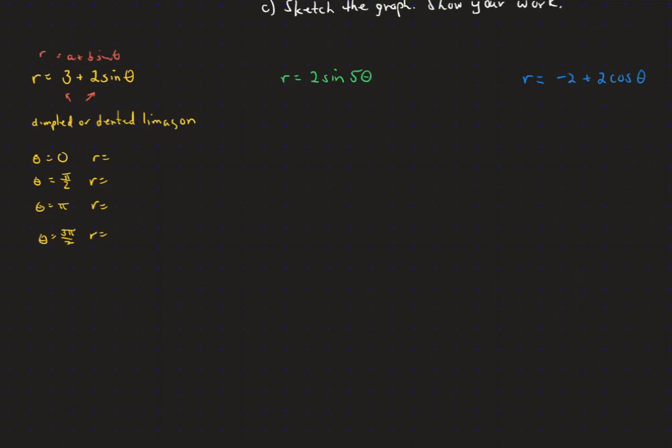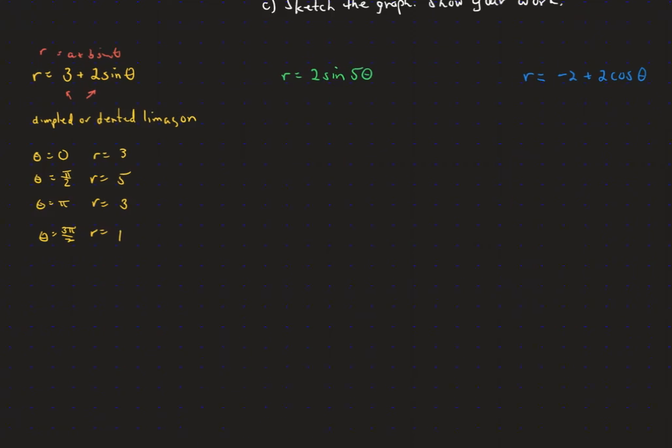So since the sine of 0 is 0, r is going to be 3. At pi over 2, sine of pi over 2 is 1. So 3 plus 2 times 1 is 3 plus 2 is 5. At pi, sine theta is 0 again, so we're back to 3. At 3 pi over 2, sine is negative 1, and so the r is going to be 1.